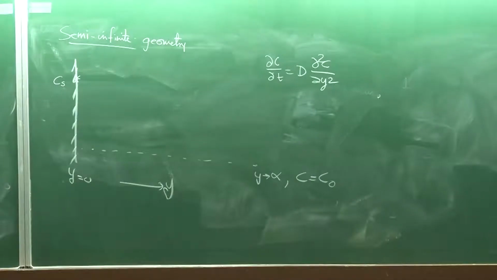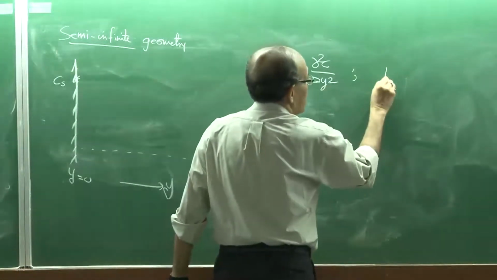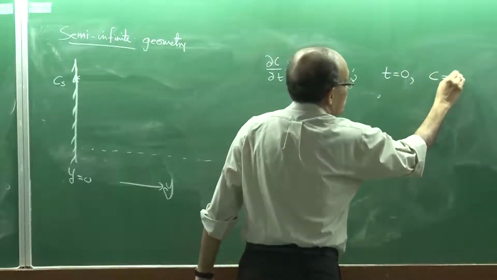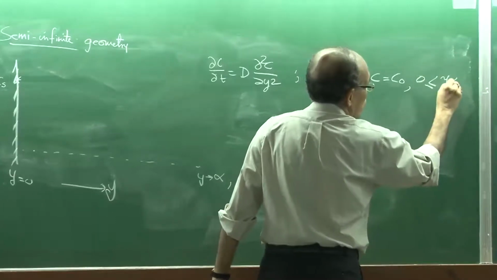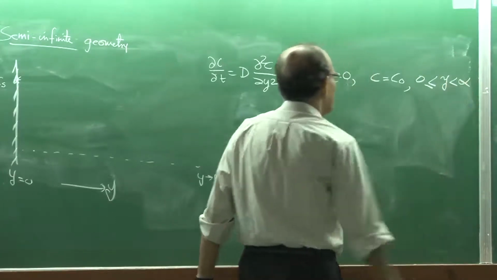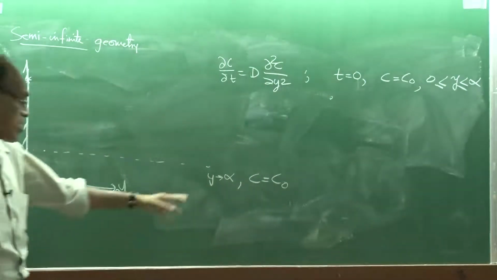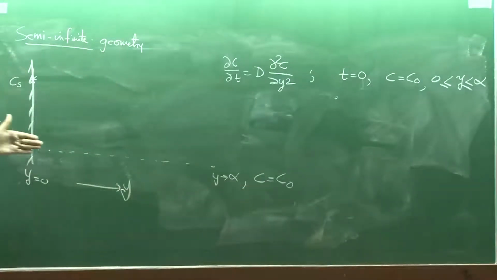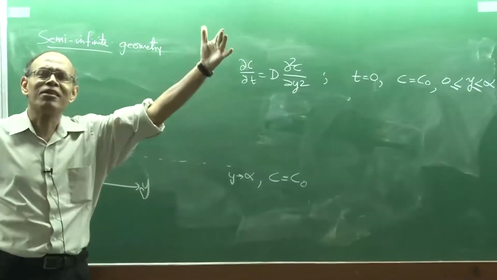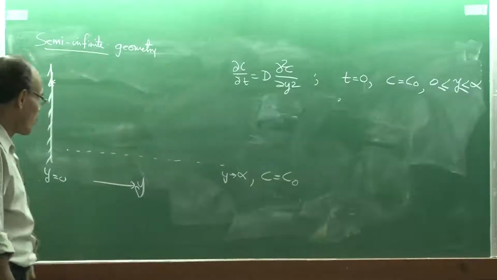The initial concentration prevails here, and initially at T equal to 0, C is equal to C0 for all values of y. So this is our far field concentration as well as the initial concentration, because the diffusing species has not been able to go, it's semi-infinite, it will take millions of years maybe for the diffusion to take place. So that is not of consideration here.